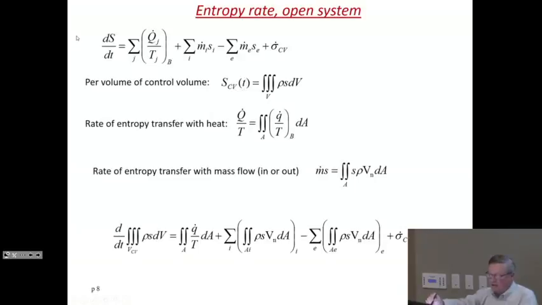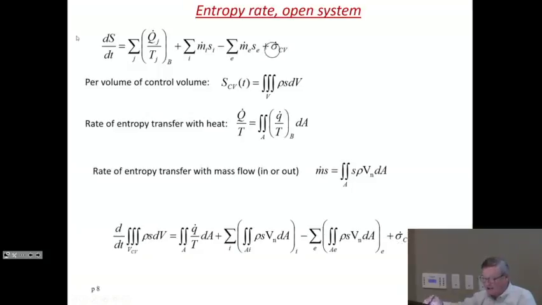If I have a volume integral over the control volume, that is what this looks like, the change. If we have an entropy rate, this is across the cross sections of the pipes that let in and out. But then the entropy rate production, this is the flow of entropy, this is the flow of the entropy, and then this is the irreversible entropy that comes from the process itself.